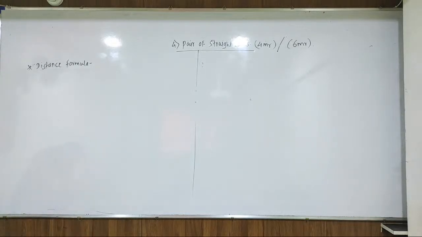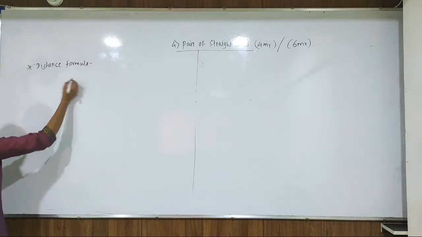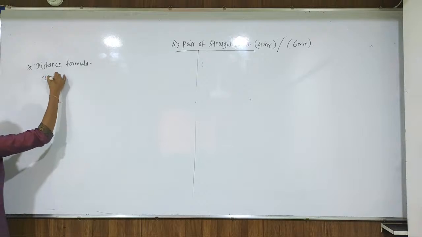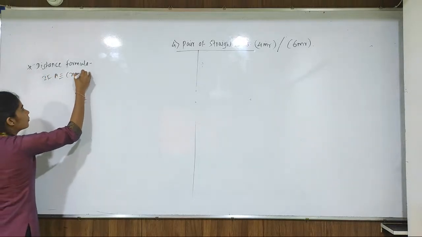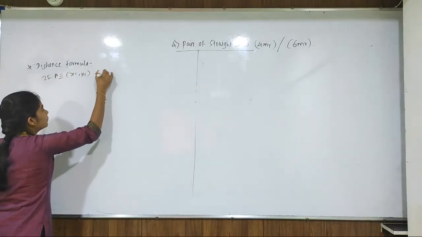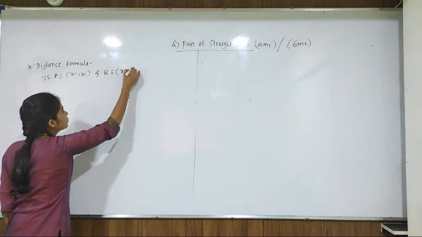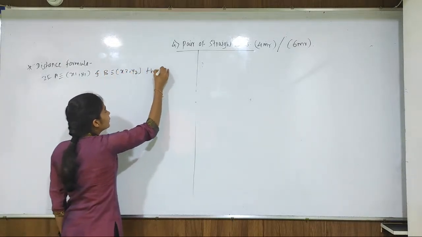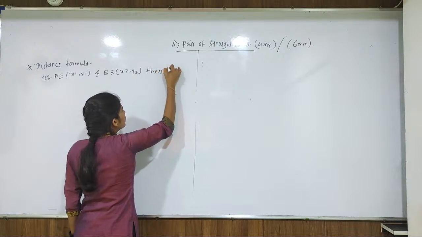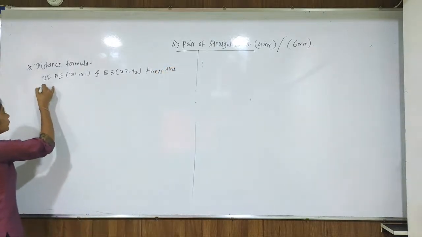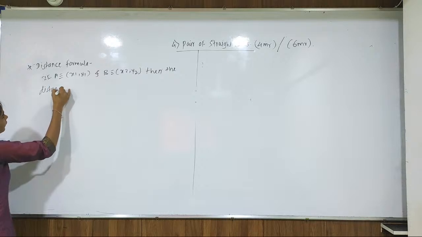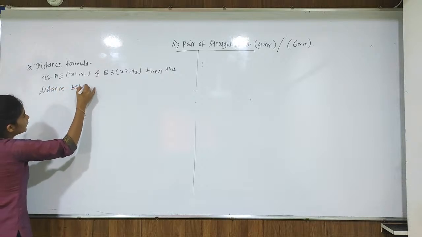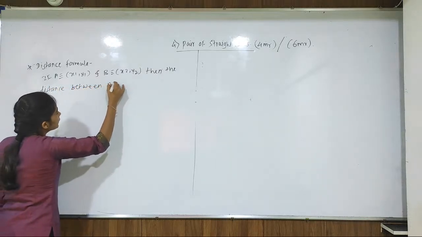Distance formula. If A is equals to x1 comma y1 and B is equals to x2 comma y2, then the distance between AB is equals to what?